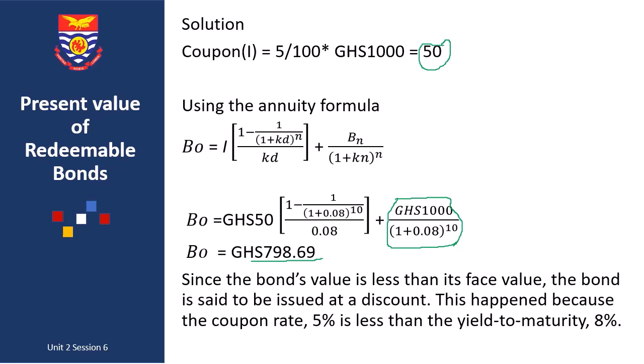And we said that anytime the market price or the price of the bond is lesser than the face value, the bond is said to be issued at what? A discount. So once it has been computed and the market price is lesser than the face value, you conclude by saying that since the bond's value is less than its face value, it is said to be issued at a discount.